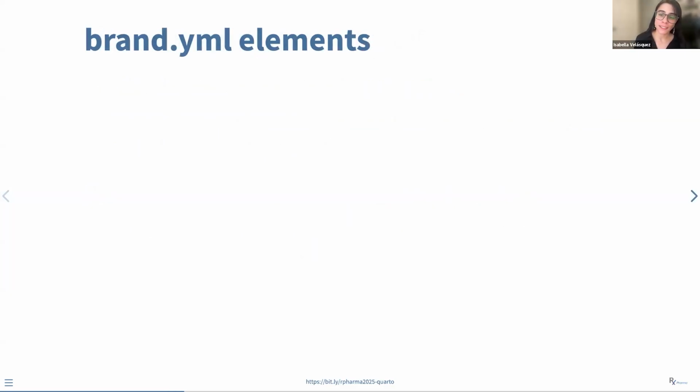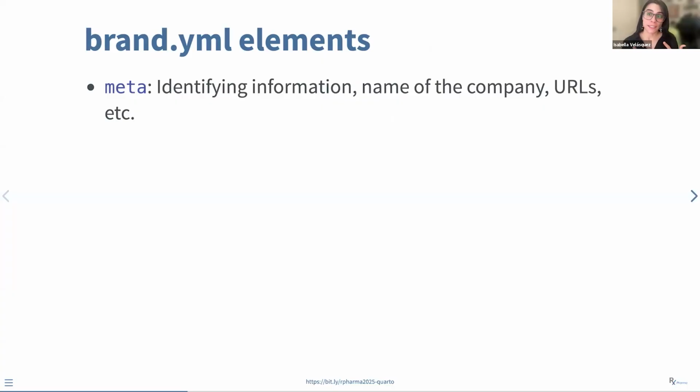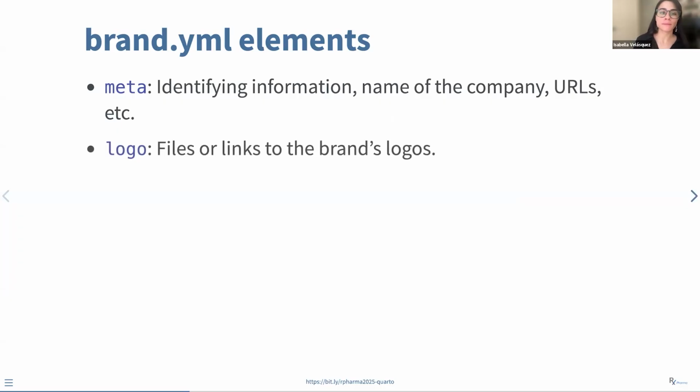In terms of what it looks like, it's organized into 5 key sections. Each one is kind of like a different building block, but each one is also optional. So you can make this file as simple or as complex as you need. The first is meta, which is the identifying information, the metadata of your company, for example.